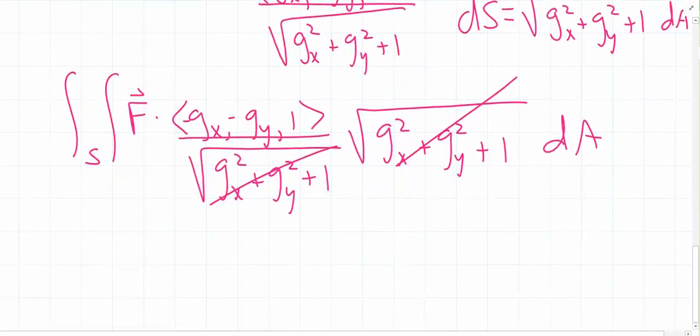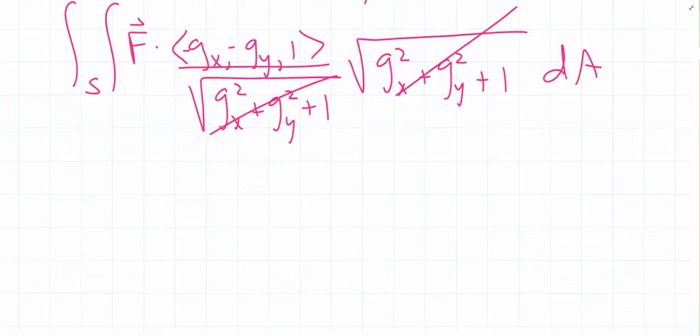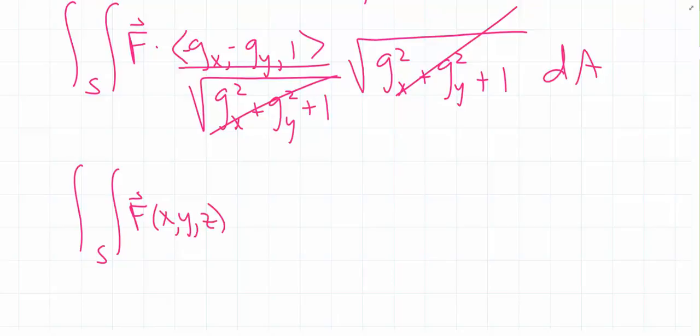So now let's see what we've got. We've got F(x, y, z) dotted with negative gx, negative gy, and 1 dA. Now, this simplifies a little bit, but still we're not finished. Remember, we want the z values on this surface.